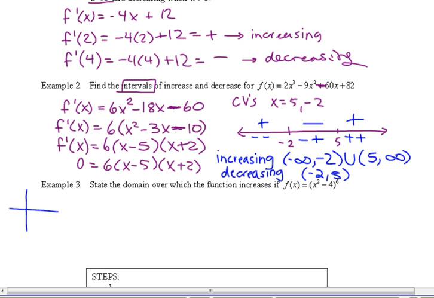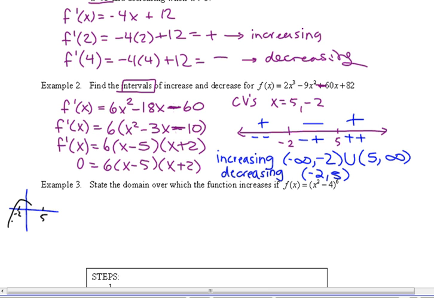So if we were to roughly sketch this, good old polynomials unit. Okay, you guys just finished that. The leading coefficient is positive on our cubic, so quadrant 3 to 1. And so at 5 and -2, I don't know exactly where our zeros are. So it's a cubic, right?